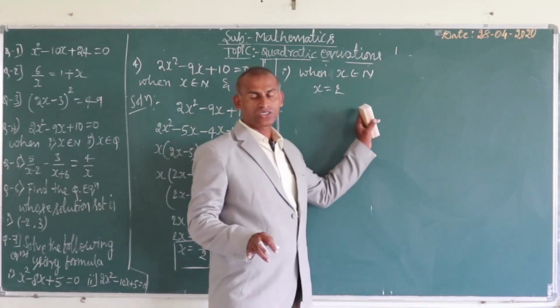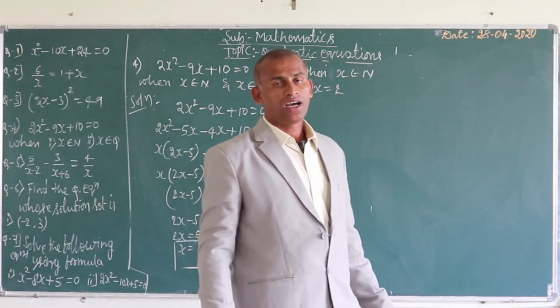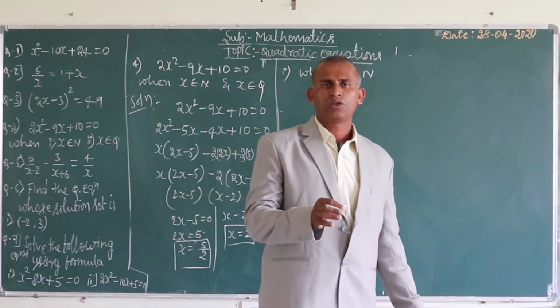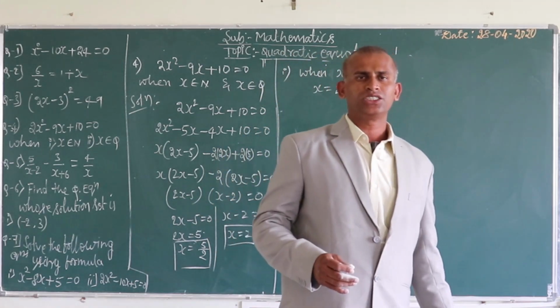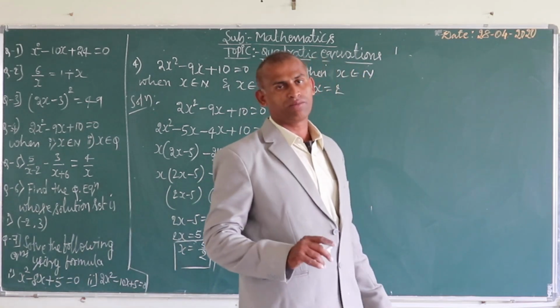You know natural numbers, whole numbers, and integers. Natural numbers means only countable numbers, 1 2 3 4 5 6 like that. Whole numbers means 0 1 2 3, including 0, countable numbers.